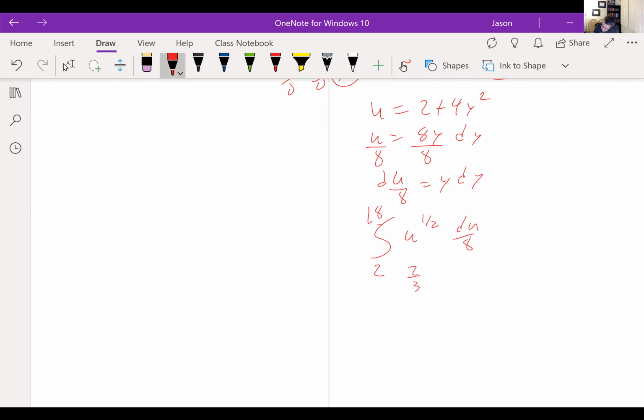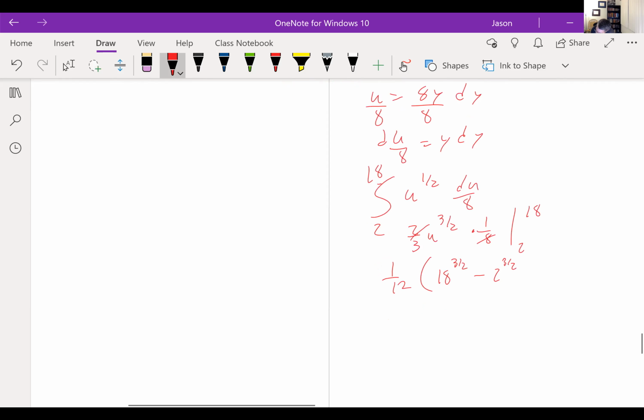So this is 2/3 u to the 3/2 times 1/8 evaluated from 2 to 18. There we go. Once again, this is 1/12 times 18 to the 3/2 minus 2 to the 3/2.